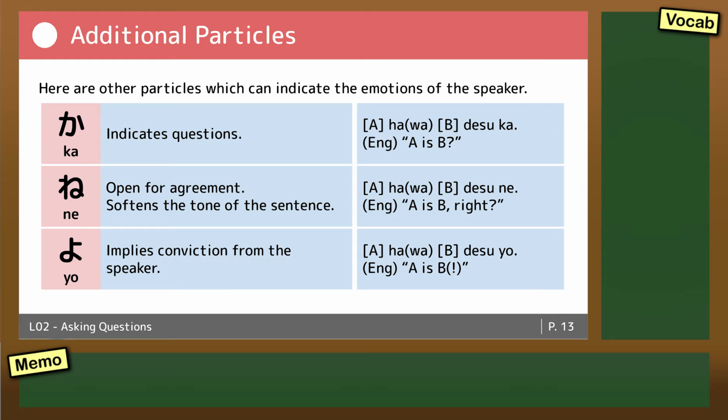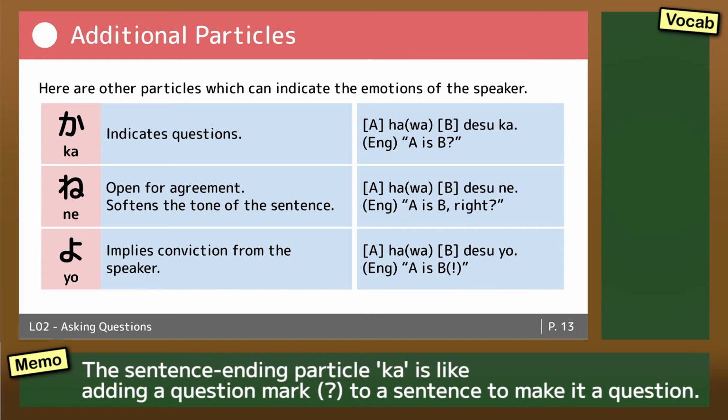We know that we can form questions by adding the particle ka to the end of sentences. Apart from ka, there are also other particles which we can add to the end of sentences to indicate feelings and intentions. We will be learning 2 other sentence ending particles in this lesson as well.